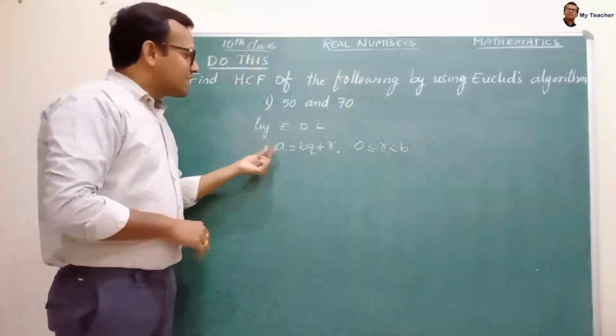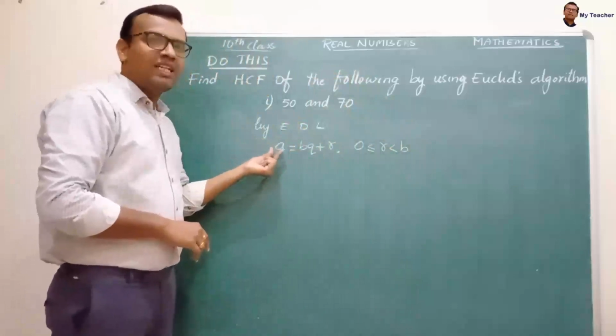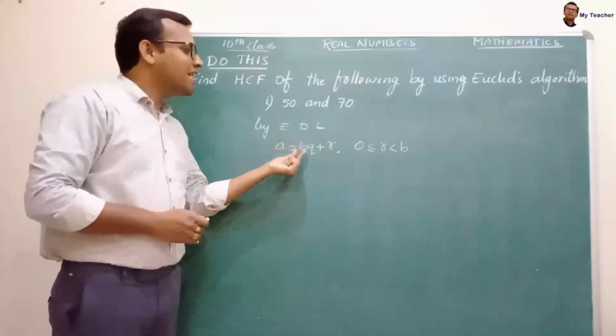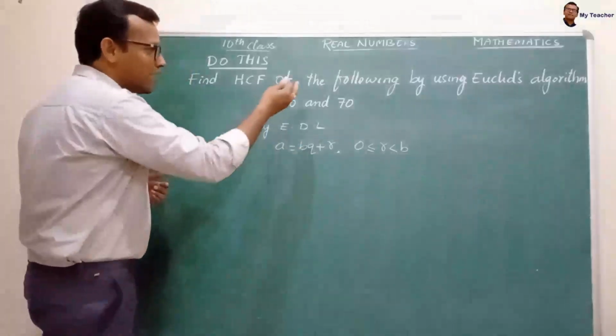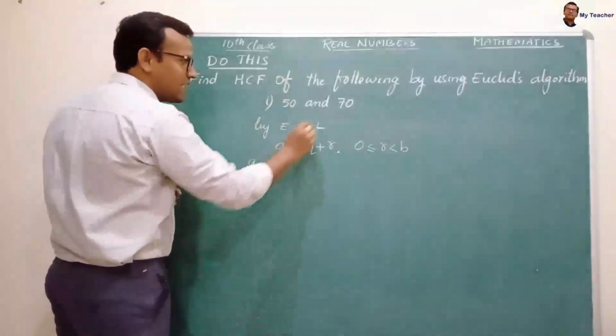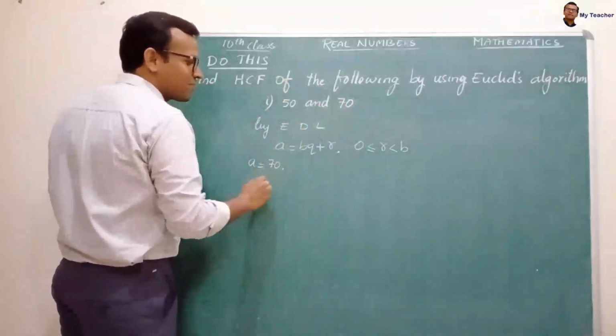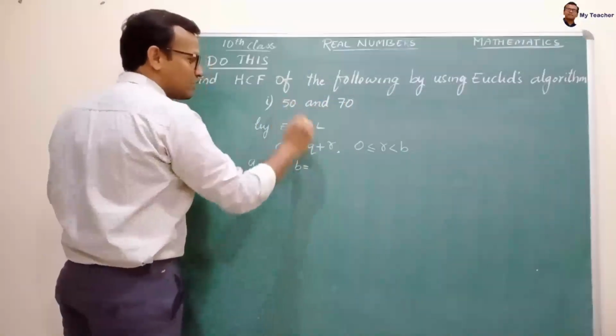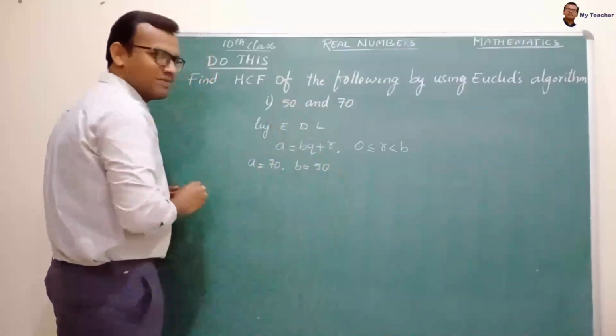Now, take A value. Generally, A will be greater than B. So, here you take A is equal to 70 and B is equal to 50. Now, substitute in that.